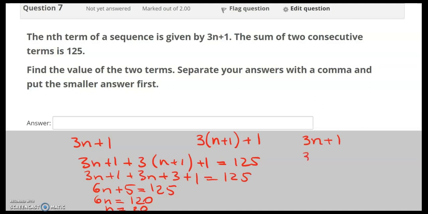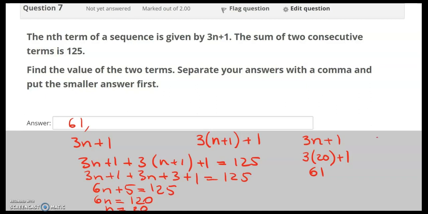So we've got 3 times 20 plus 1, so that is 61. So this must be the first term that we asked to find, 61. And the next one we can work out by replacing n with 21 if we like.